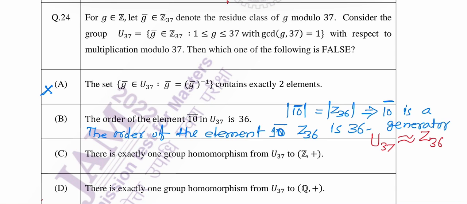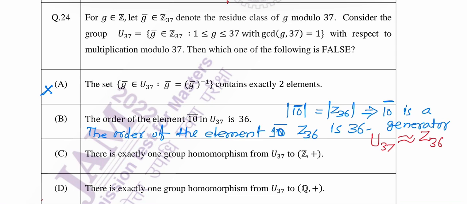It means that if you add 10 thirty-six times, only then you will get 0. This is not correct. Think why. Before 36 times you can get 0.